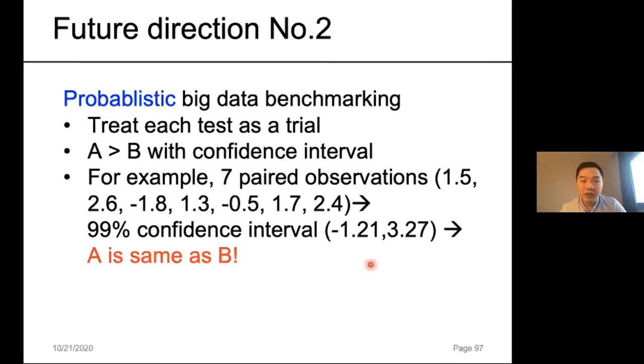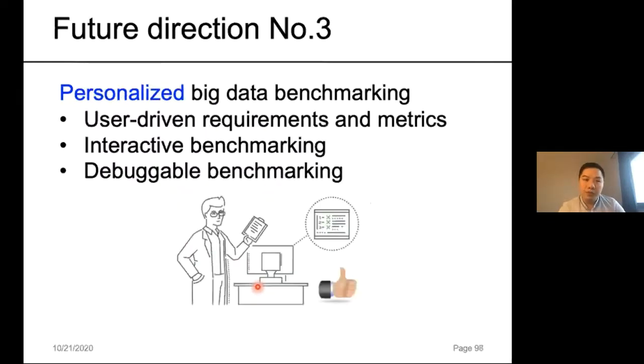So in this case, instead of using the mean latency, we give a confidence interval. Actually A is the same as B statistically, because 0 is a part of the confidence interval. So we cannot say A is greater than B, but statistically A is the same as B.